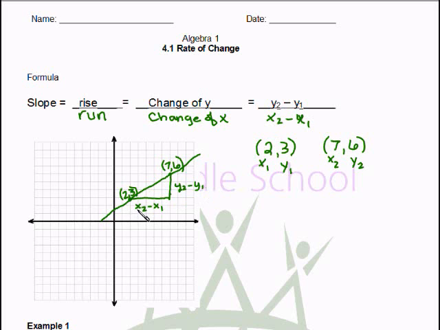So for example, 7 minus 2 is 5, and then you take the difference of your y-coordinates, 6 minus 3, so you're going up 3. So our rate of change is my y over x, the change of y over the change of x, which is 3/5.